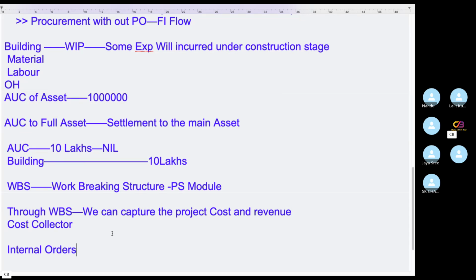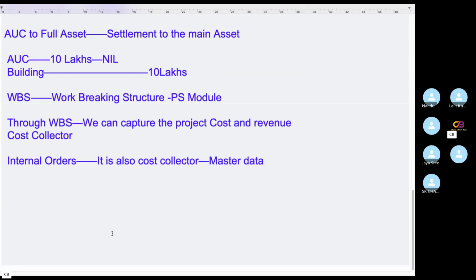So what are internal orders? It is also one of the cost collectors. It's SAP CO master data. If any specific event happens in the company, that cost will be captured through internal orders only.